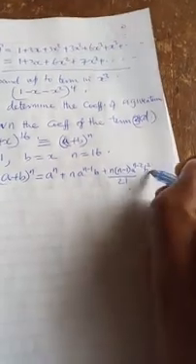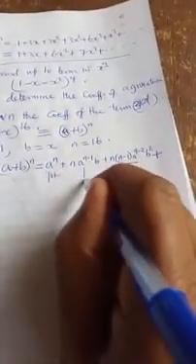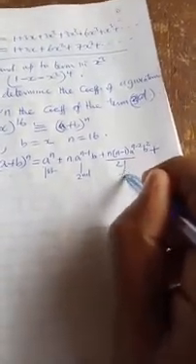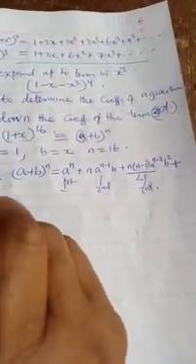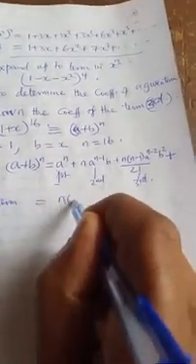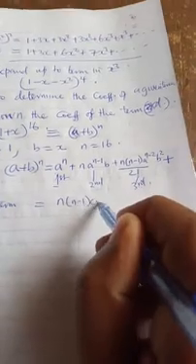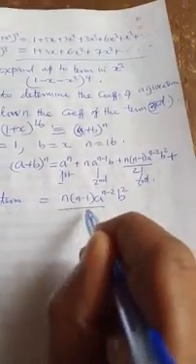Now if they are talking about the third term, this is the first term, this is the second term, and this is the third. So we must be able to identify the third term. And we say the third term is given by n into n minus 1, a to the n minus 2, b squared over 2 factorial.